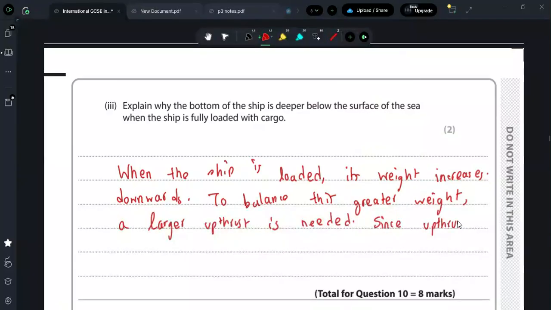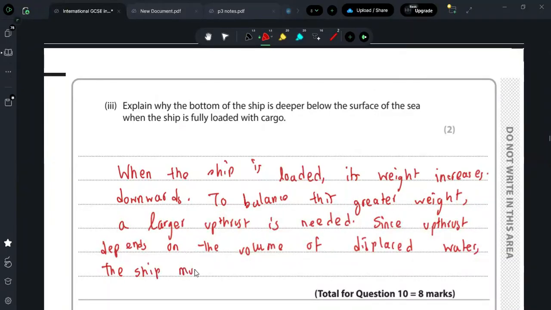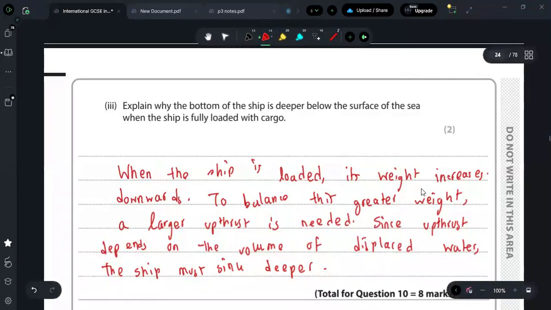Since upthrust depends on the volume of displaced water, the ship must sink deeper. So basically, since the upthrust has to increase, the depth has to increase by that much. The ship has to sink deeper because that amount of water is giving its force on the ship. Hope it makes sense.